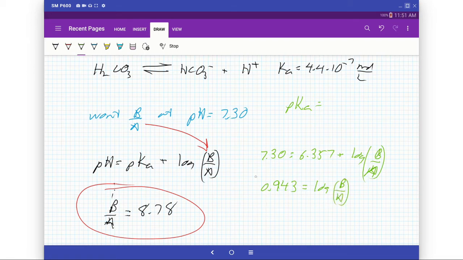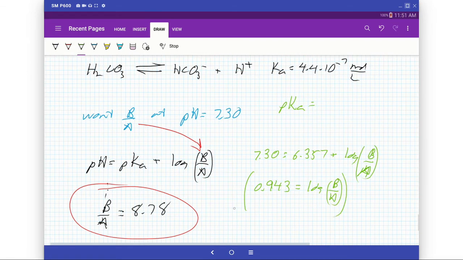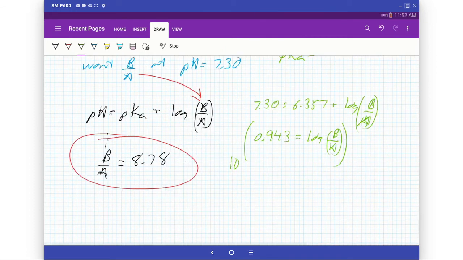And what we want to do is take 10 to all of that. And 10 to all of that means that our base to acid ratio is equal to 8.78, which is the number we have there. Good.